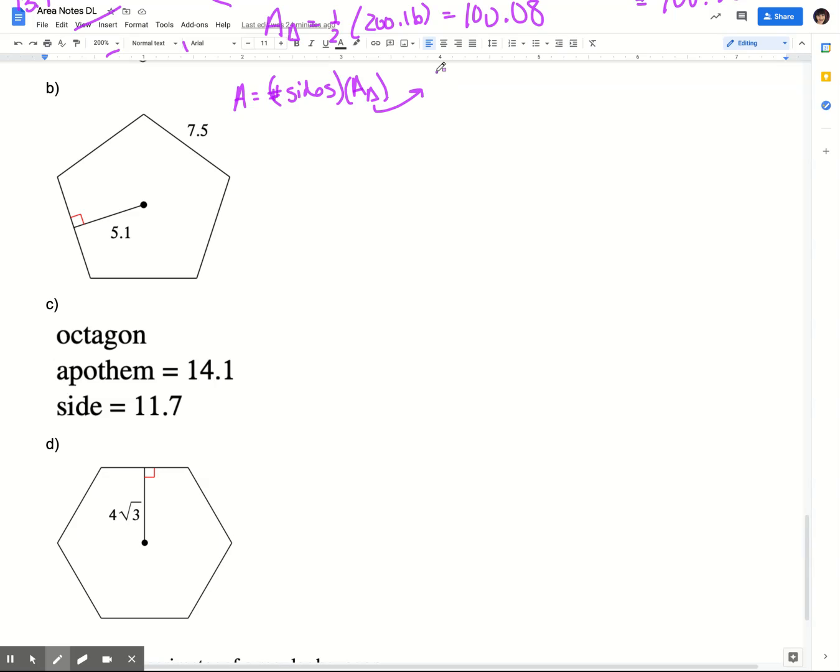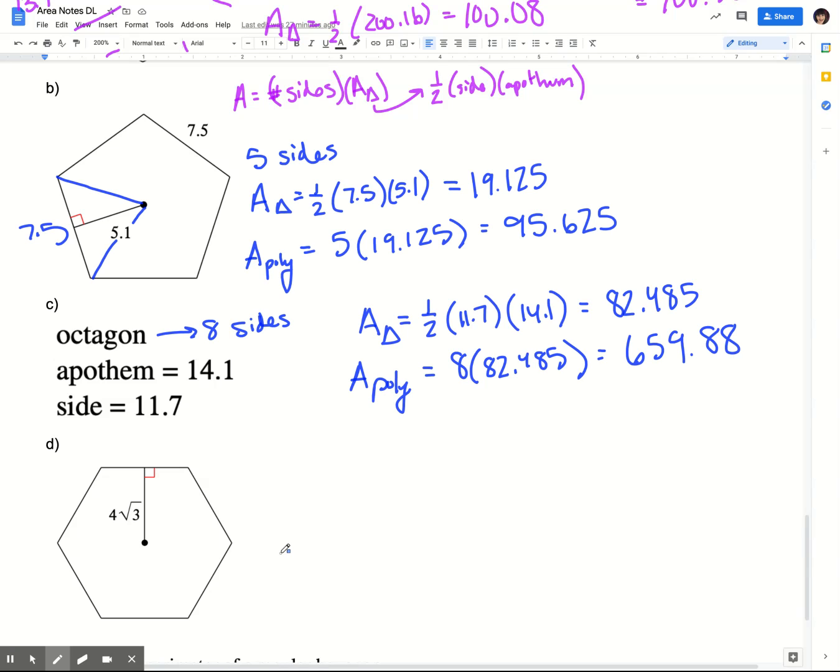Remember that the area of the isosceles triangle is 1/2 times the side length times the apothem. So just base and height. Go ahead and pause the video, give these two a try, so part B and part C, and then check back with me to see how you did.